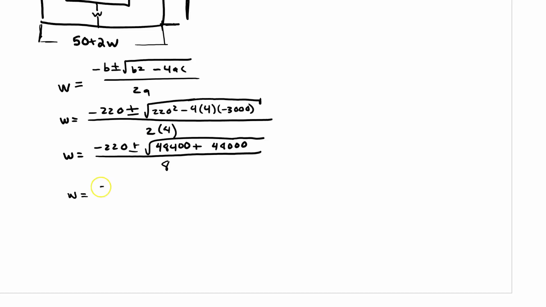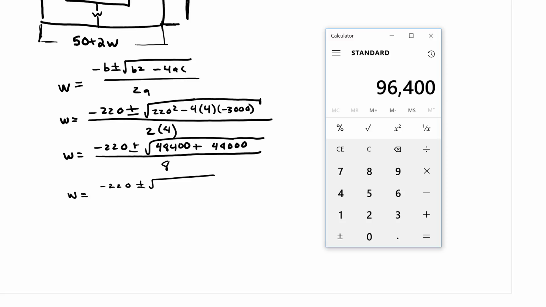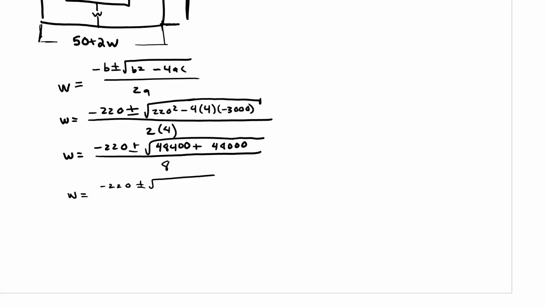So W equals negative 220 plus or minus the square root of 96,400, all divided by 8. So we have two answers that can branch off here.